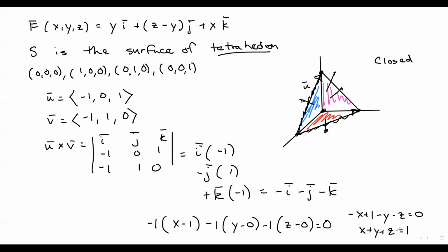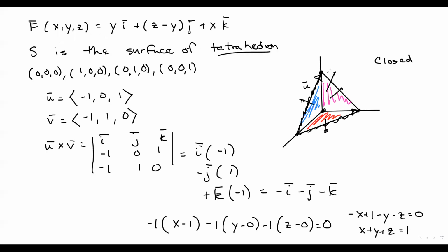All right, so now that we have an equation for this front surface, we can go through and find the flux across it. So when we find the flux, we start off with F dot dS. And for the dS for this plane, we want upward pointing, because upward is going to be outward.